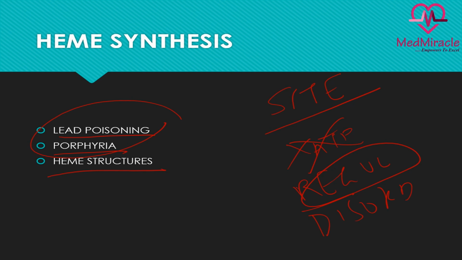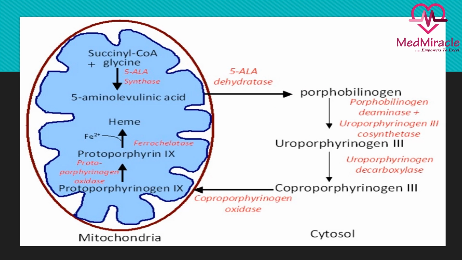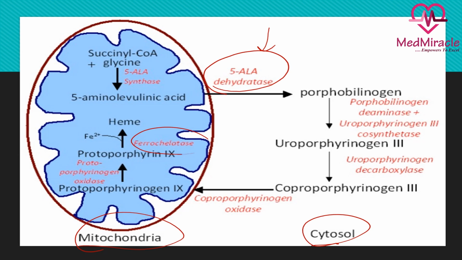Coming to heme structure, you have to have a basic idea about the heme structure. Sometimes an image might come and you have to be thorough with it. So this is what I was talking about. See, sites. Now the steps. In this step, lead inhibits this one and this one.